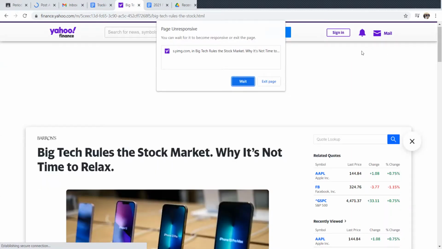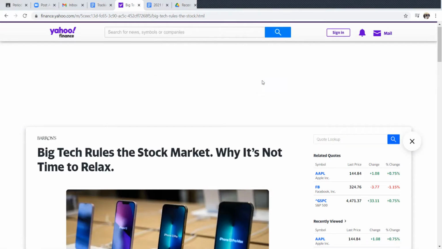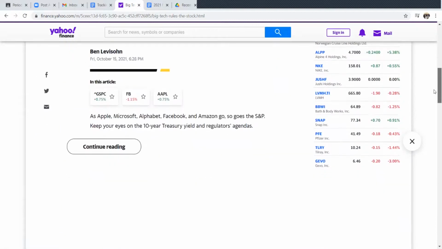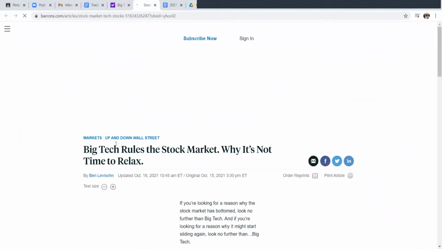Now, I can read the headline. I can scroll through and read through the whole story if I like. But the bottom line here is I'm only going to be putting in a sentence or two.